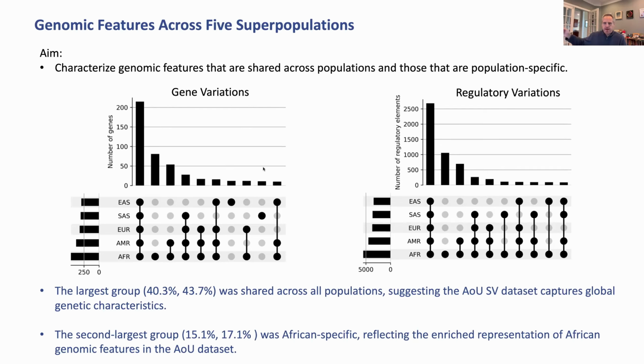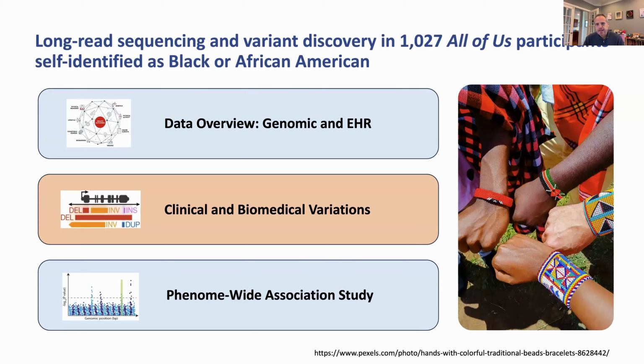And then there's a long tail that there is enrichment across other parts of the world as well. Okay, so we get this really nice data set from the HiFi data. It's of primarily self-identified African Americans, although it does let us comment globally about the role of structural variations on a global scale.